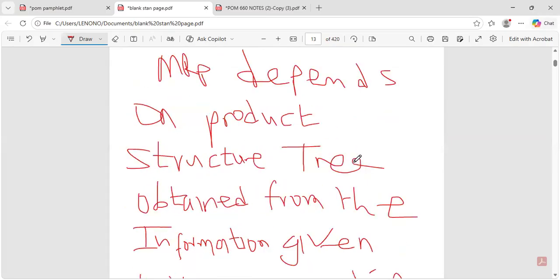So we can also now look at the inputs to MRP.